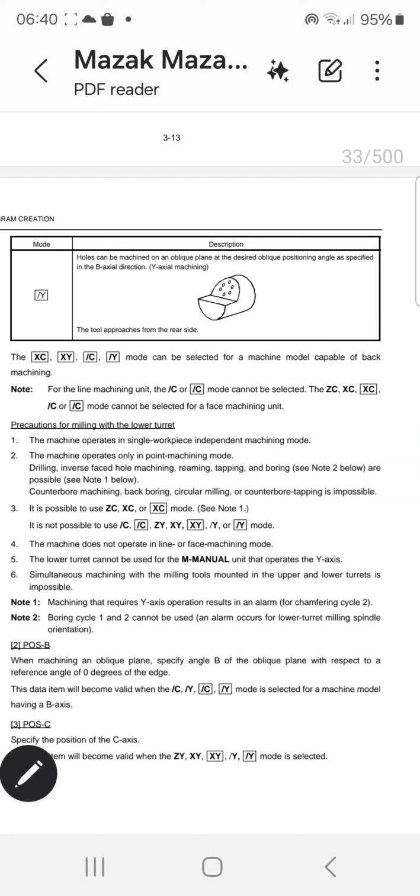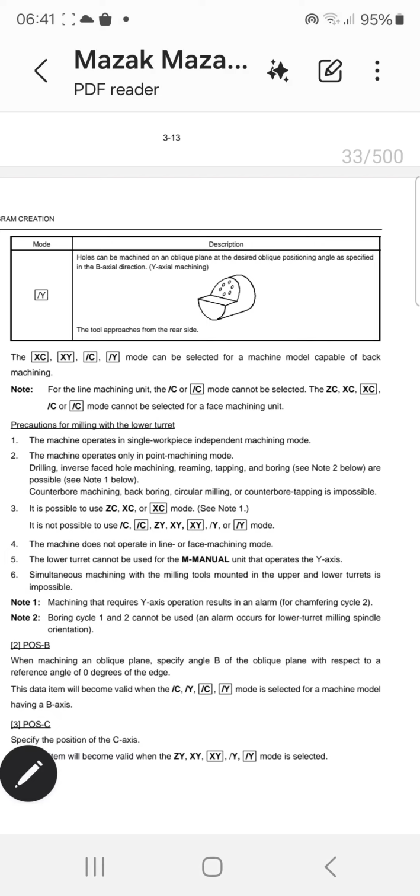Precaution for milling with the lower turret. First, the machine operates a single workpiece in panel machine mode. Second, the machine operates only in the point machine mode in drill, reverse, inverse, through hole machine, reaming, tapping, and boring.